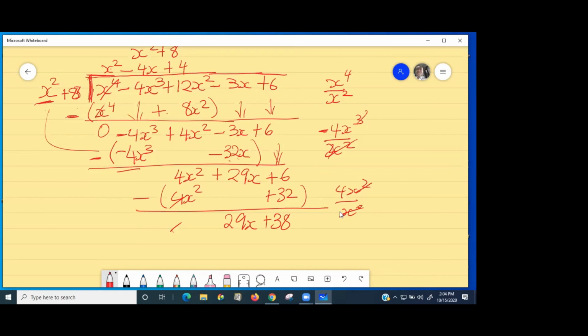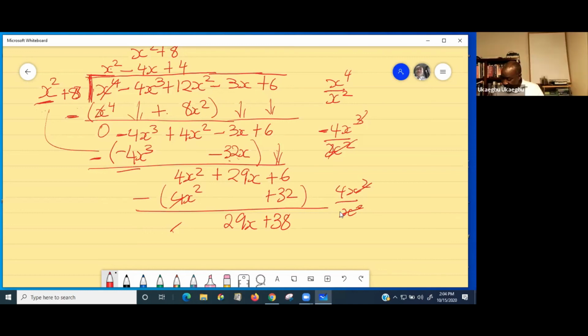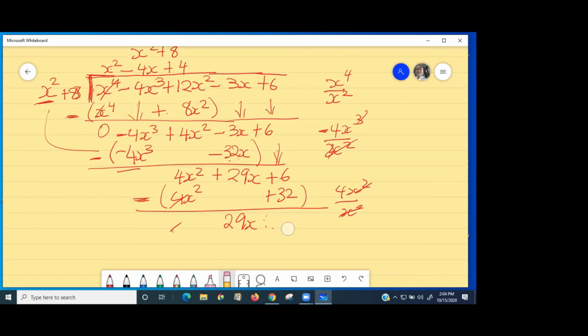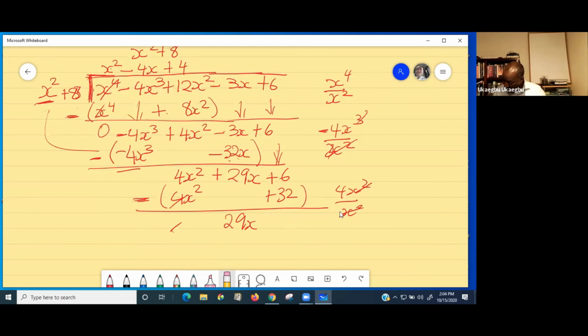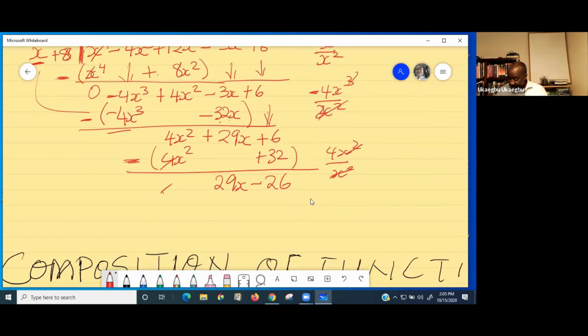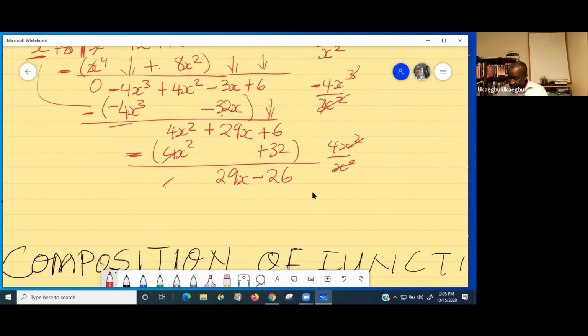It's negative 26, because the negative sign changes this. Yes, because the sign inside changes. So it should be negative 26.